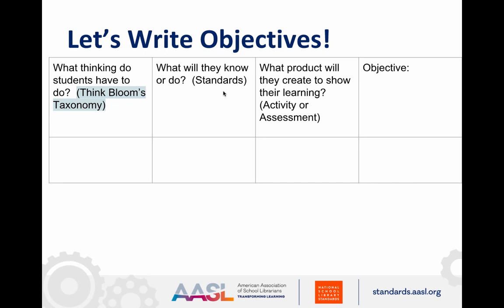That's what we've been talking about in using these objectives to make sure that we are reaching the standards. And then the last part is what product will they create to show their learning? This is going to be an activity or it could be an assessment. I can't type on this and still keep it nice and large for you guys, so I want you to imagine that the following text is going into these boxes.